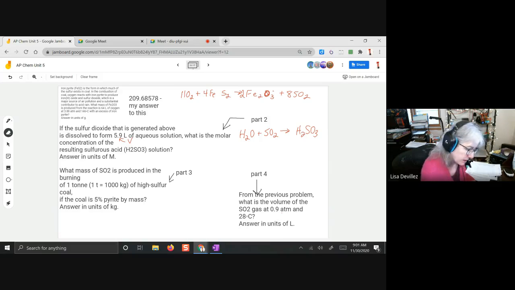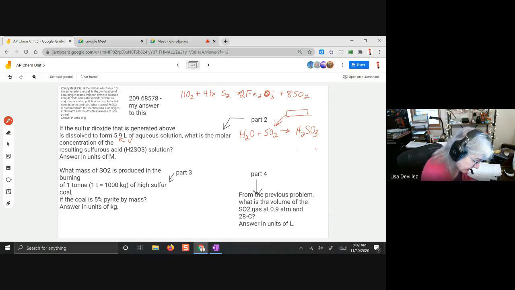That makes more sense because then it'll be balanced. So you go back up to that and you'll get whatever your moles of the SO2 is. That's what you'll use with your 5.9 liters of water to get the molarity, and because it's all 1-to-1, your moles of SO2 will also be your moles of H2SO3.